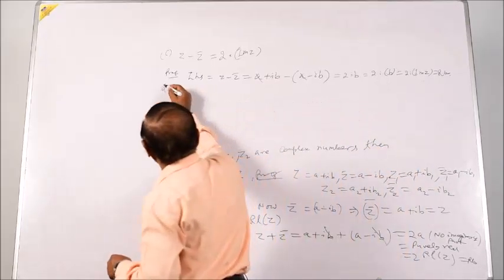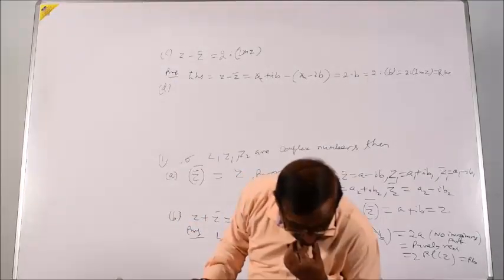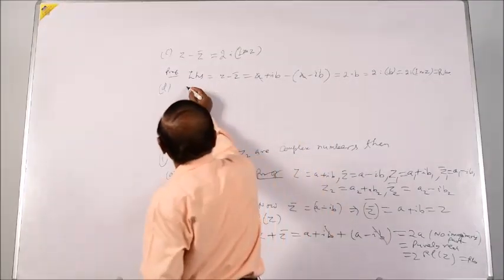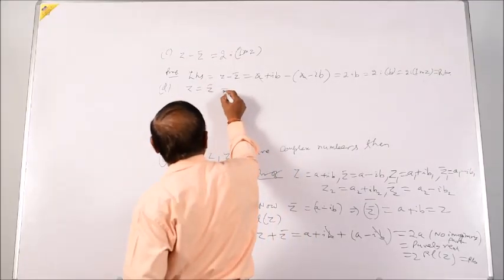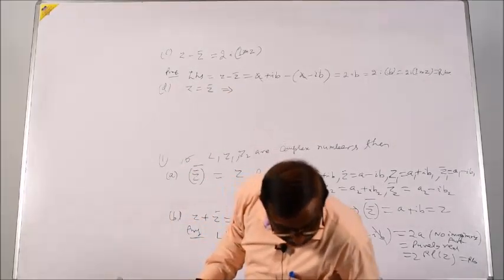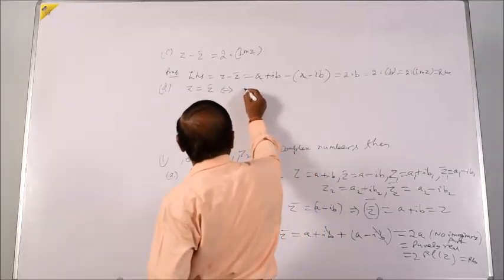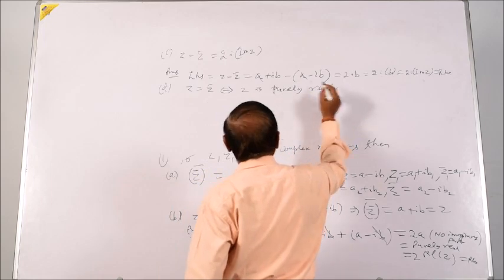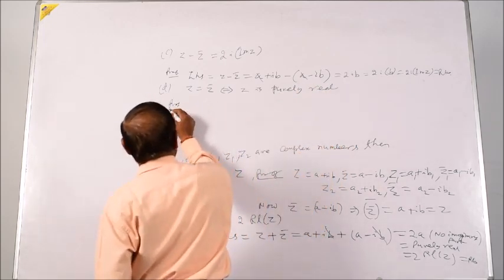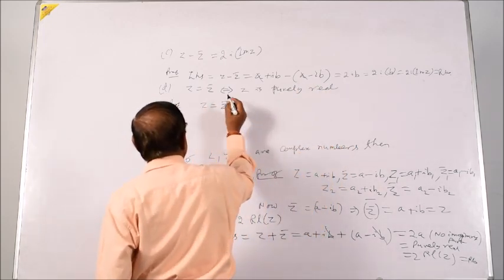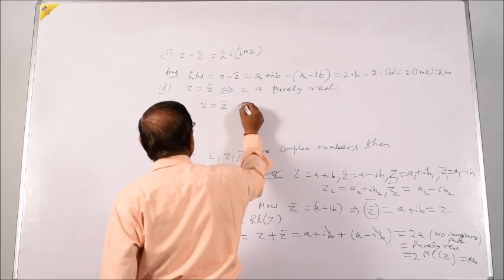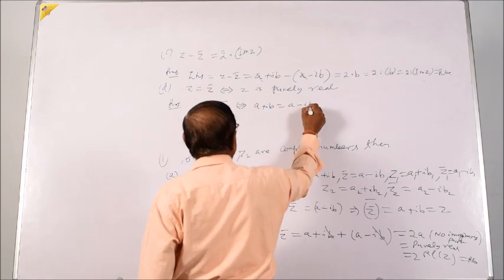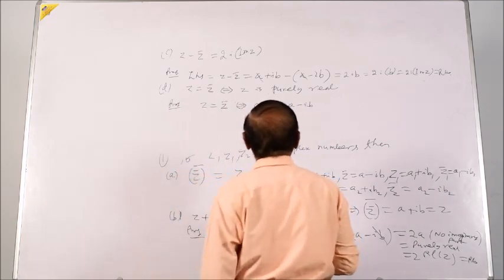Now, let's go to D. D is Z is equal to Z bar implies and implied by Z is purely real. You see the proof. Z is equal to Z bar implies and implied by A plus IB is equal to A minus IB. So, what happens?